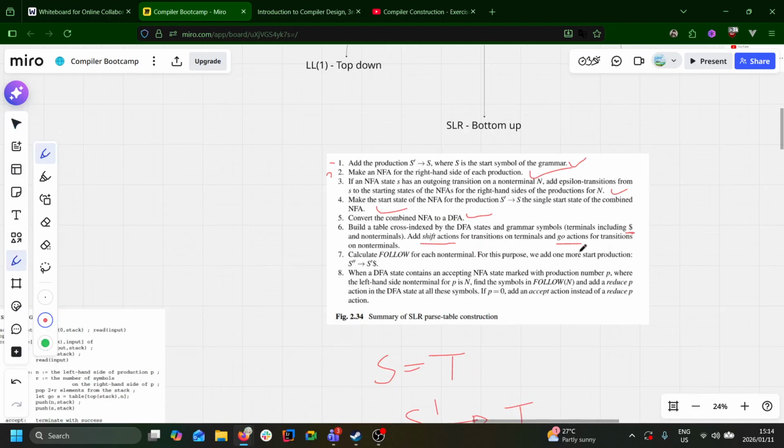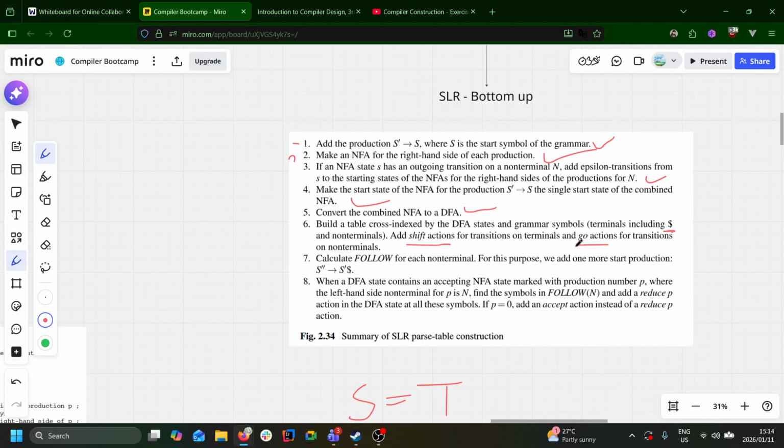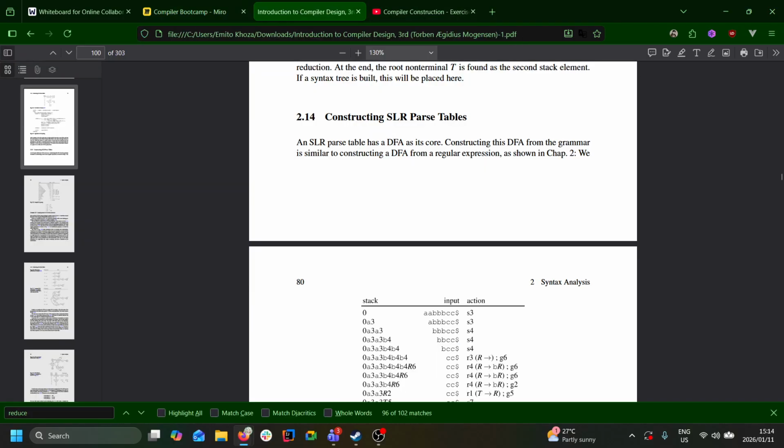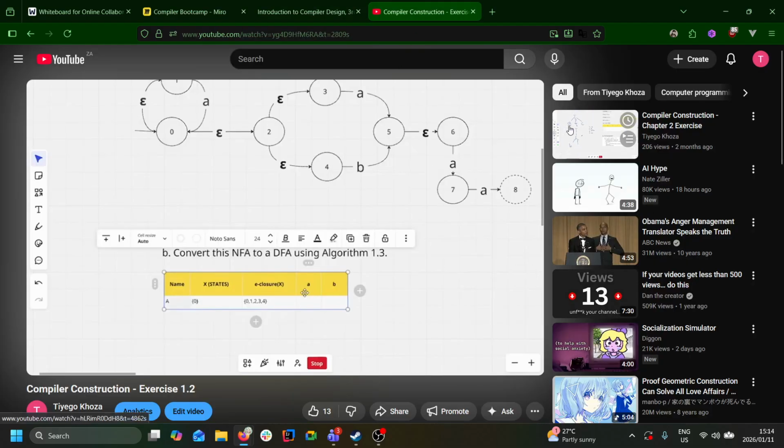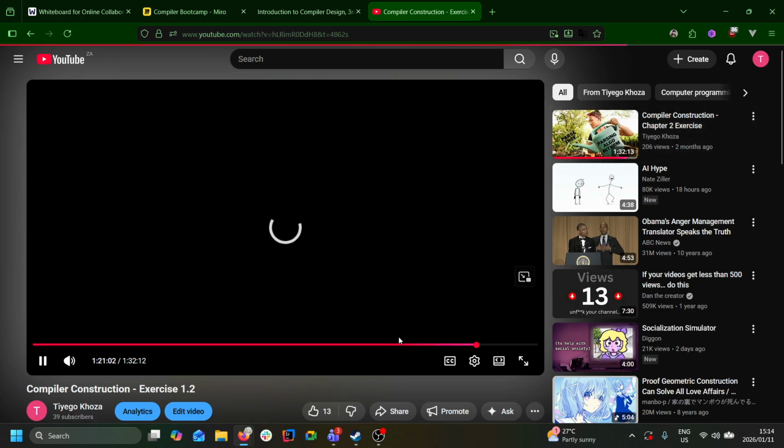So it could be different because I know go actions are higher. Let me look at the second edition of the textbook out of curiosity. Just a quick sneak. Let me look at the video because I know I used the second edition while explaining over here.